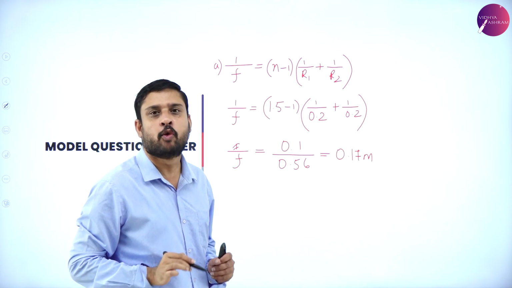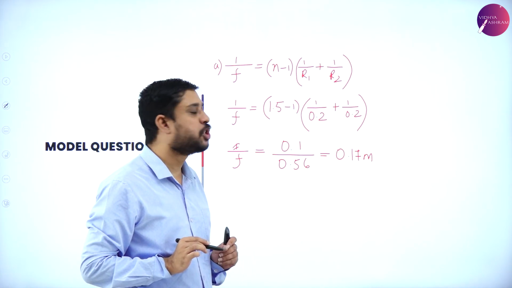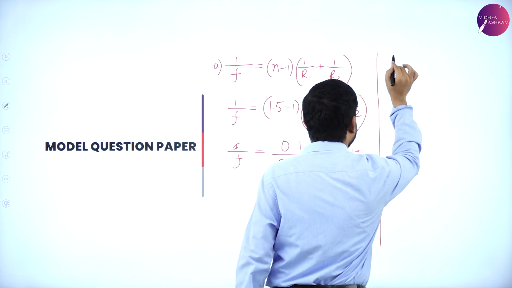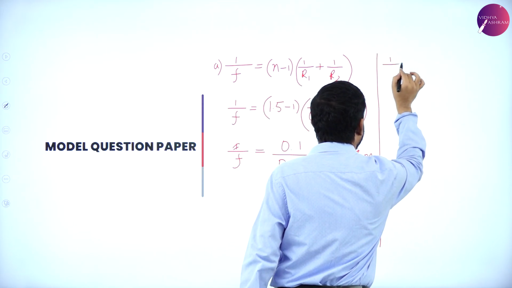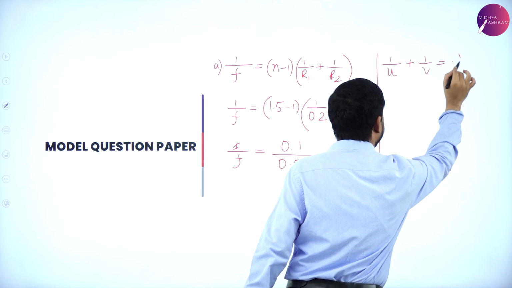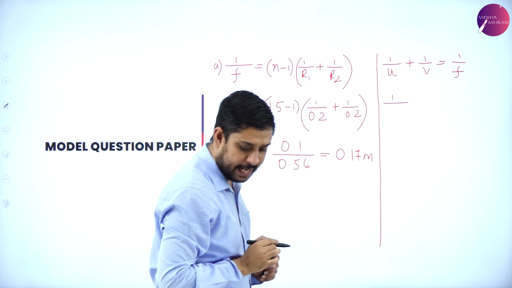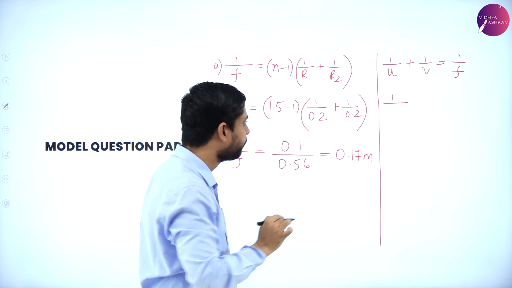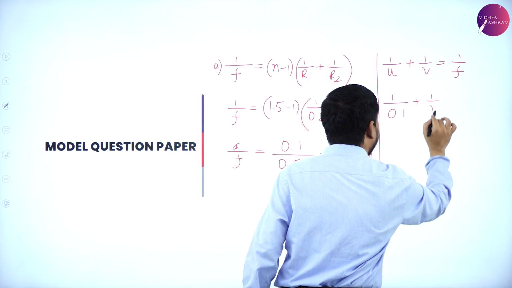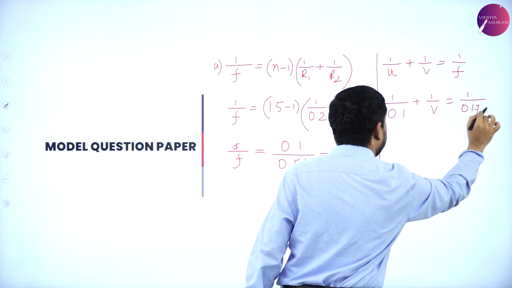Now with this, I have to find the nature and position of the image, for which I use the lens formula. 1 by V is 1 by F, so this is 1 by 0.1 plus 1 by V, 0.17.